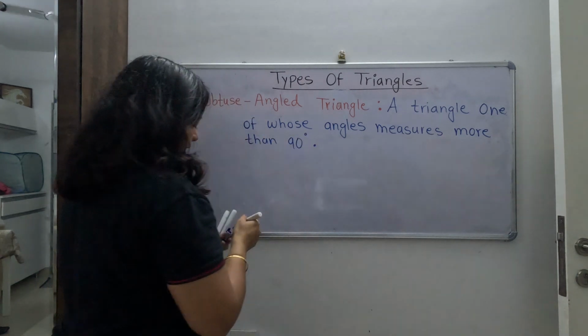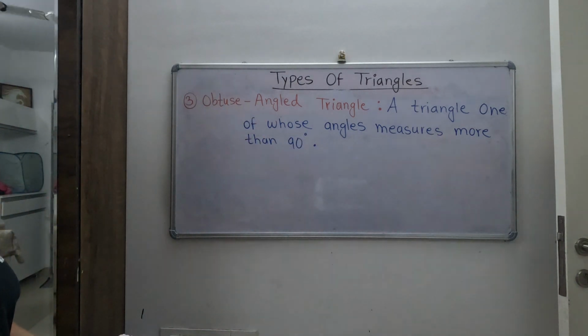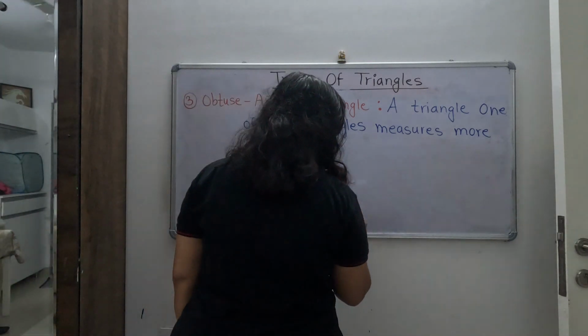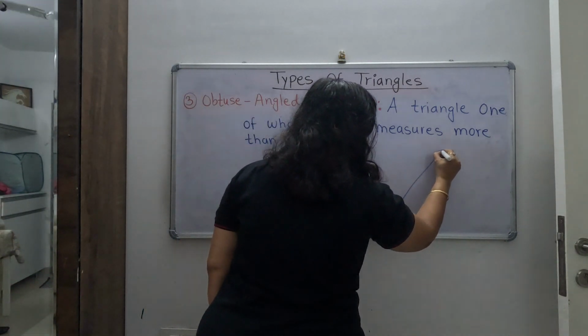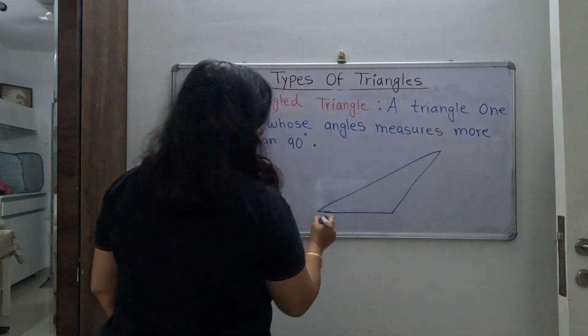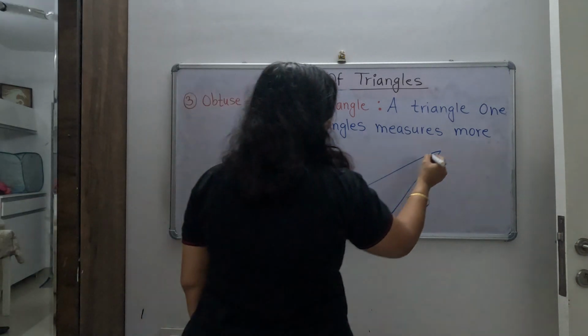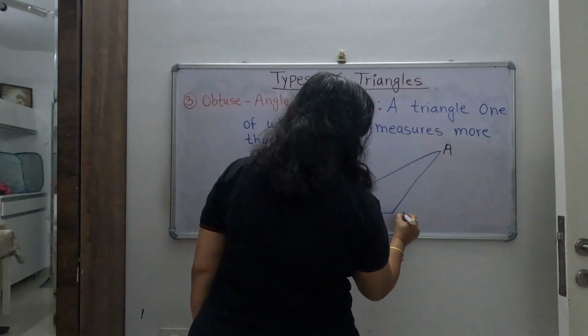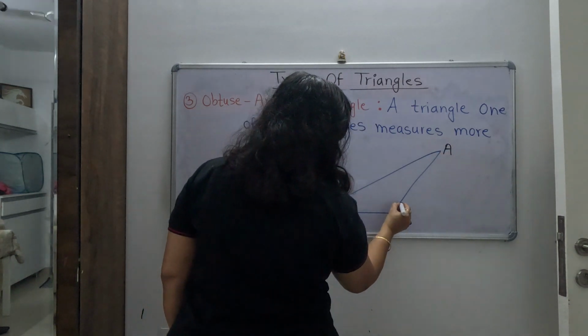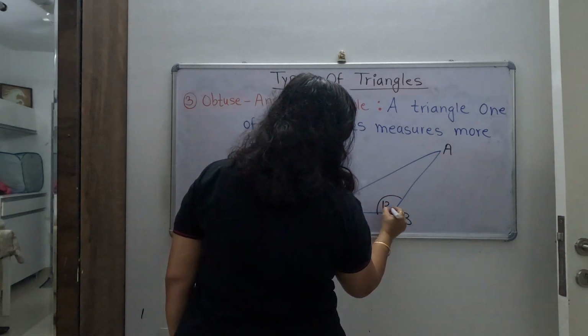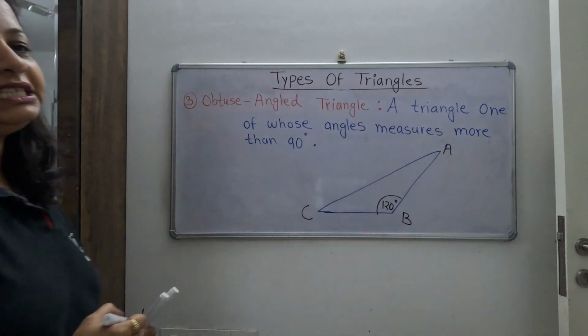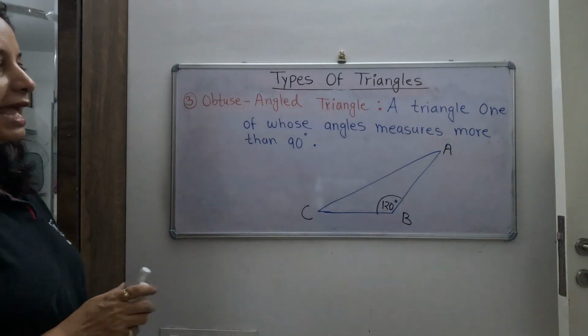More than 90 degree means one angle must be obtuse. At B we have more than 90 degree, which means obtuse angle.